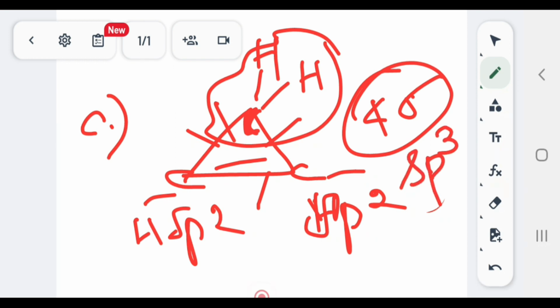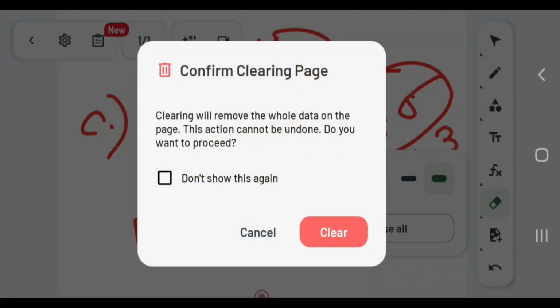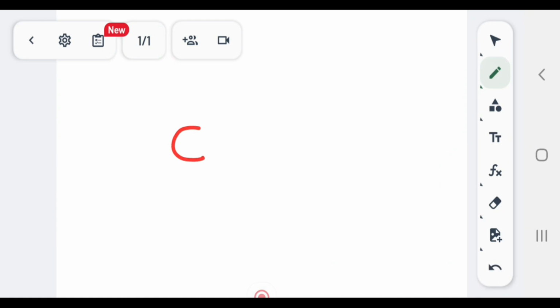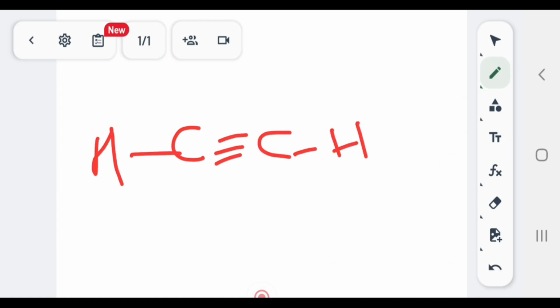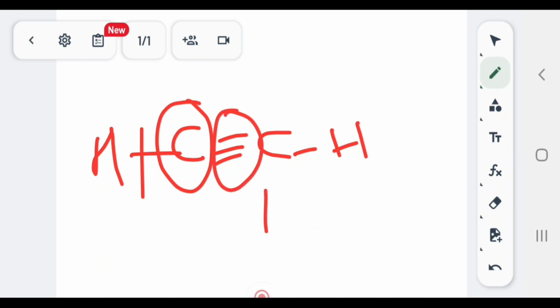Okay? Let me give you another example. You will be very clear with the concept of hybridization also. CH triple bond CH. What is this? Acetylene, right? Here, for this carbon atom, if I ask you to calculate the hybridization, just count the number of sigma bonds. It is 1 sigma bond. Here, triple bond means 1 sigma bond and 2 pi bonds, okay?